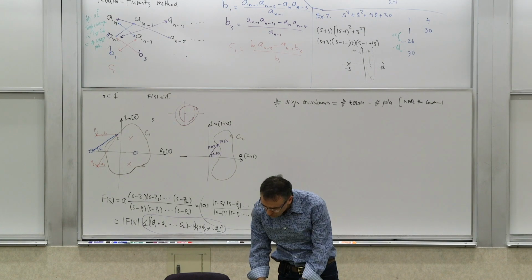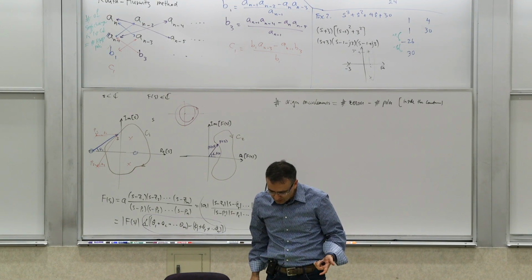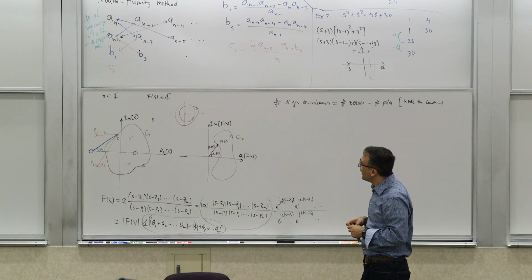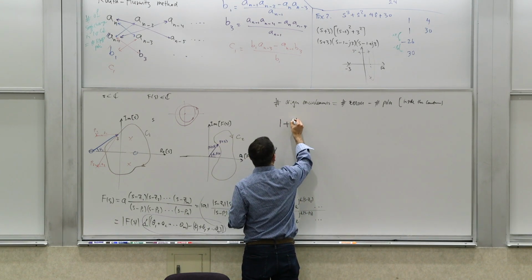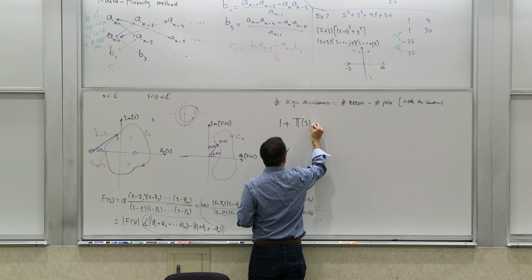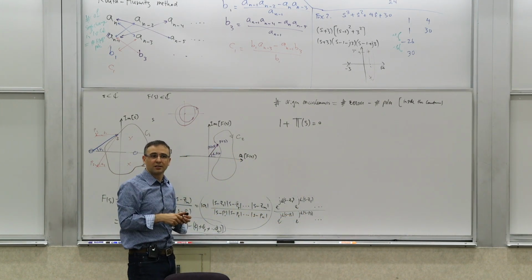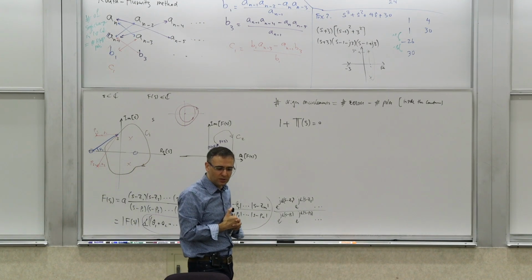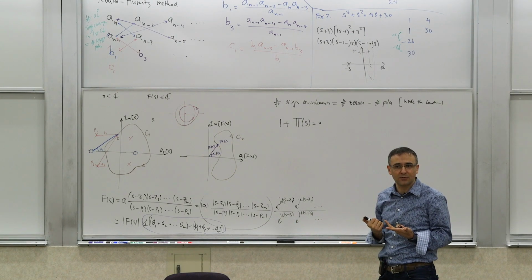So the question is, can we use this to determine something meaningful? What were we trying to solve? Well, we are trying to find out if 1 plus the loop gain equals 0 has poles on the right half plane, right? So what we need to do is to define a contour that allows us to understand what's happening with that.